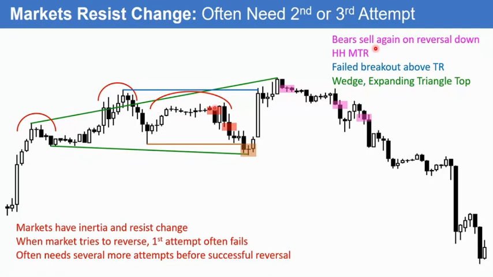We have an expansion in volatility here. This with this is a double top. This is a higher high major trend reversal. Here we have lower high major trend reversal, lower high major trend reversal.